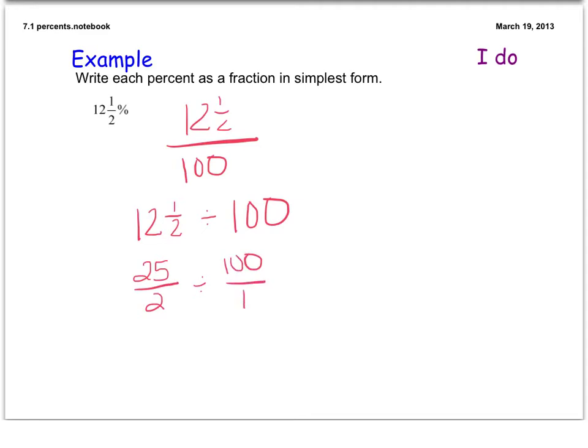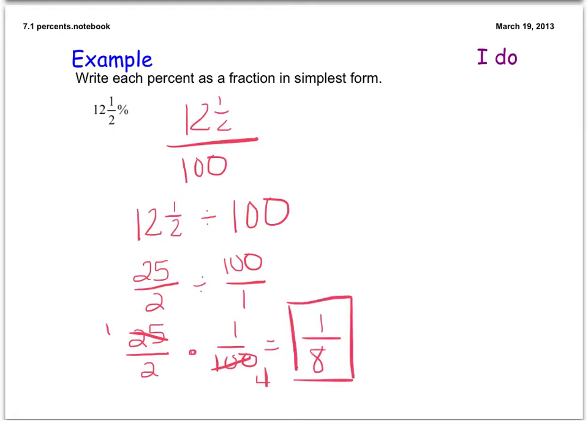Now when I divide fractions, I'm going to keep, change, flip. So then I can cross simplify here, and this goes to 1, this goes to 4, and so multiplying straight across, the numerator is 1, and 2 times 4 is 8. So 12.5% is 1 over 8.